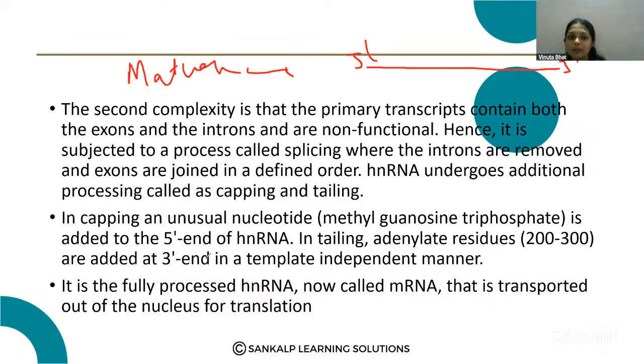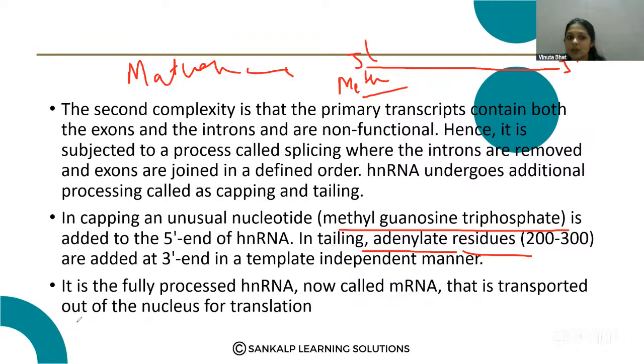At the 5 prime end of the hnRNA, methyl guanosine triphosphate is added. That is the capping. Adenylate residues are added at the 3 prime end of the mRNA. That is the tailing process.